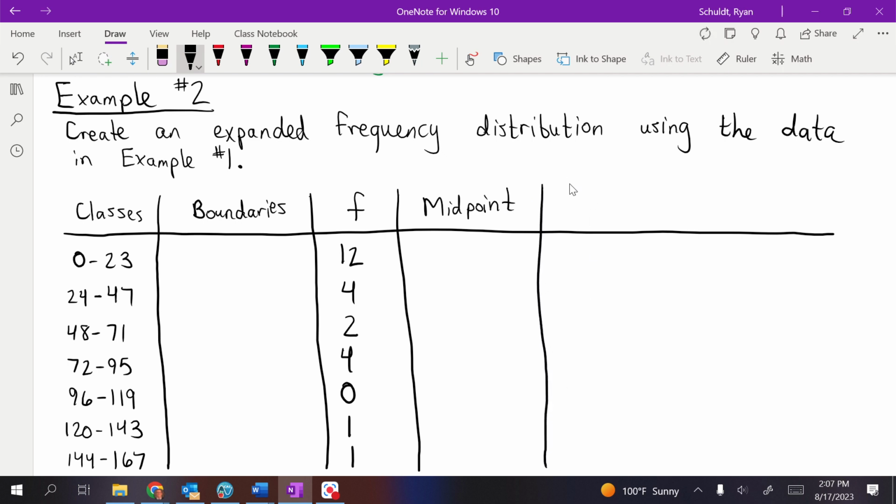Then we're going to have relative frequency. And last but not least, cumulative frequency.